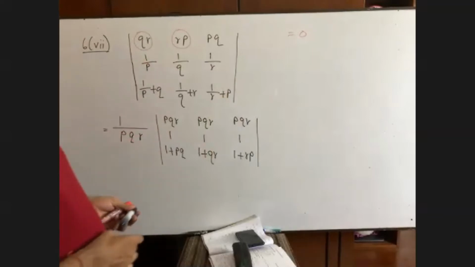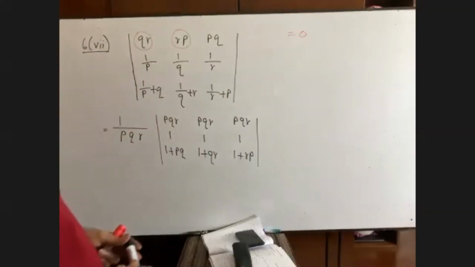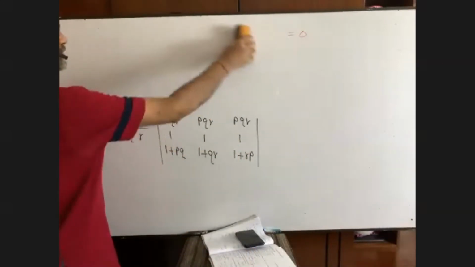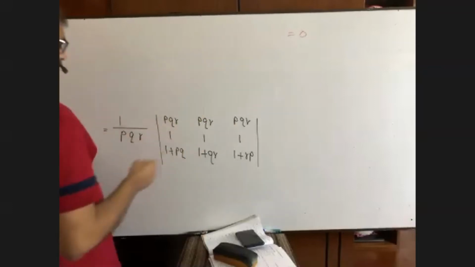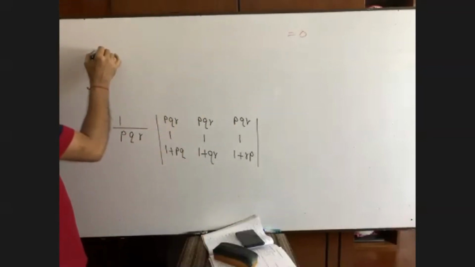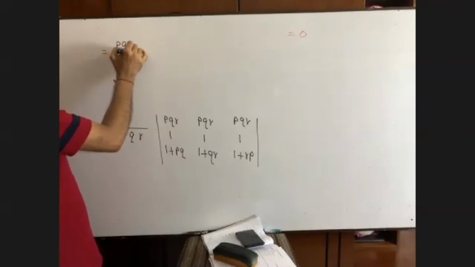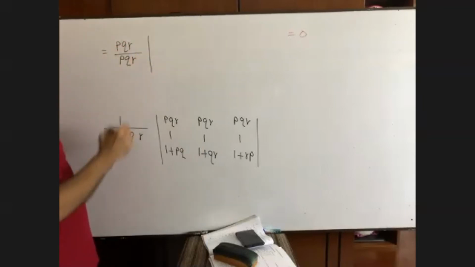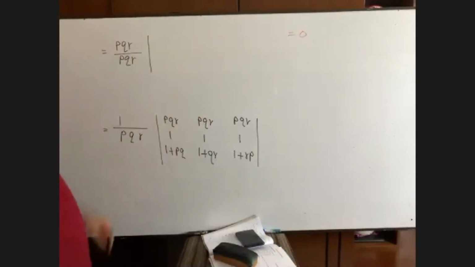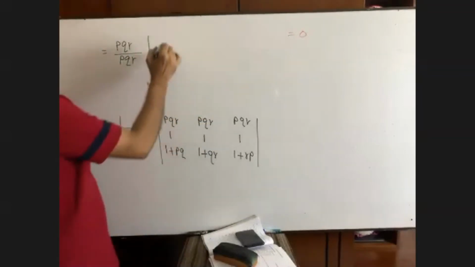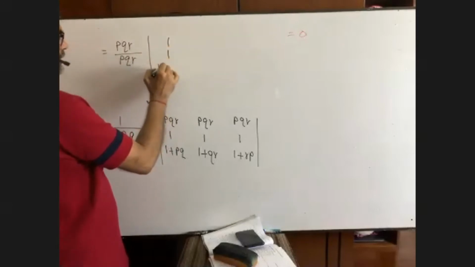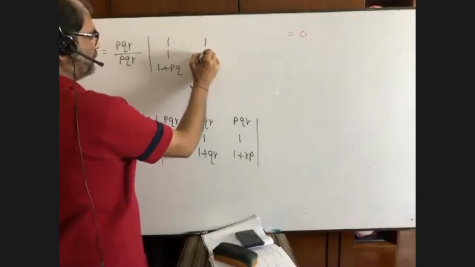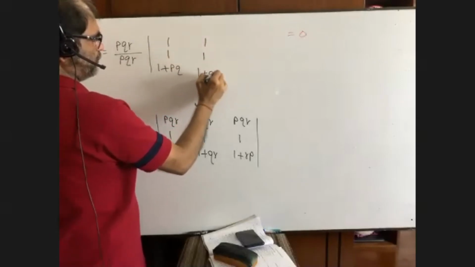Have you copied it? Yes sir. Now you see, from the first row, PQR can be taken common. So it is 1, 1, 1 plus PQ. It is 1, 1, 1 plus QR.